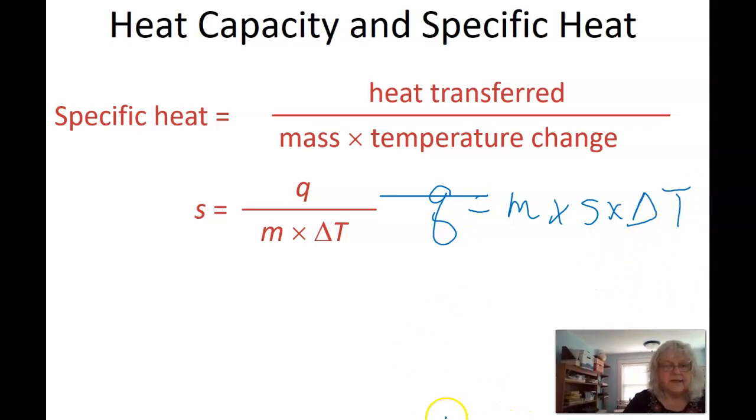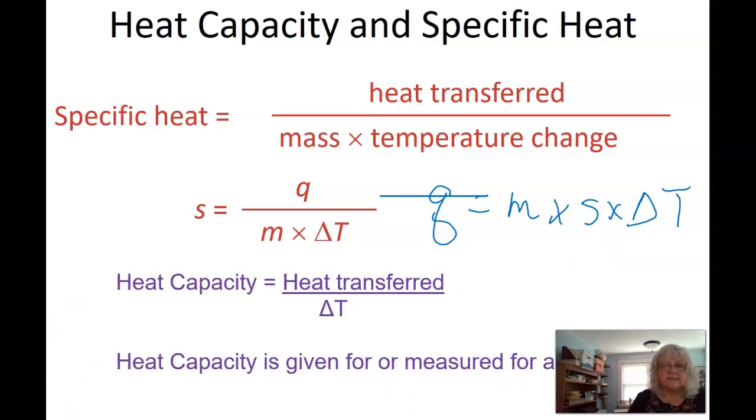I can do the same thing for heat capacity. Heat capacity is the heat transferred divided by the change in temperature, so Q is equal to C, the symbol for heat capacity, times the change in temperature. Those two equations will be very useful when we're doing calorimetry problems.